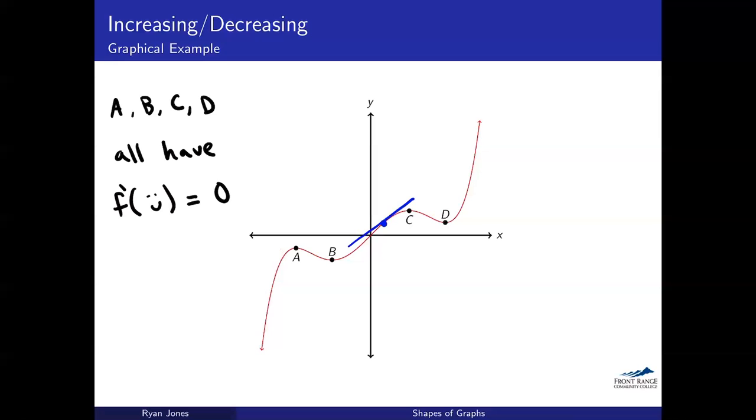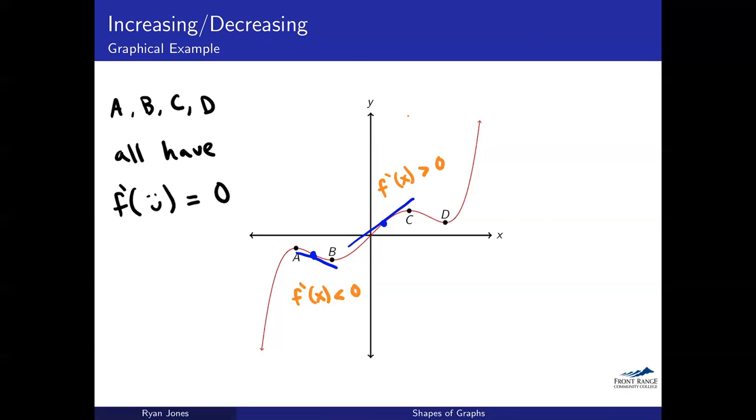That tangent line has a positive slope. And so that means that the derivative is going to be greater than 0. And then very similarly, in this region here in between A and B, I'm decreasing. So my tangent line has a negative slope. That's saying that my derivative is negative.